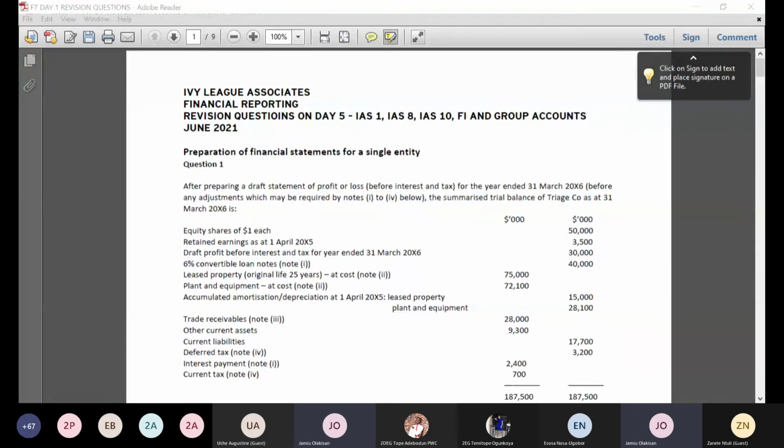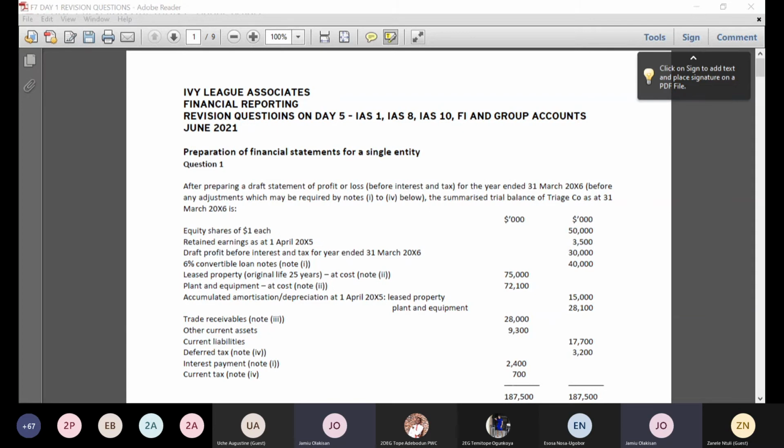Now, beyond that, the question is, how do you select accounting policies? Accounting policies should be selected based on the accounting standard. If you have just bought a motor vehicle and you want to use it, that is property, plant, and equipment, so you go to IAS 16 to select the accounting policy.